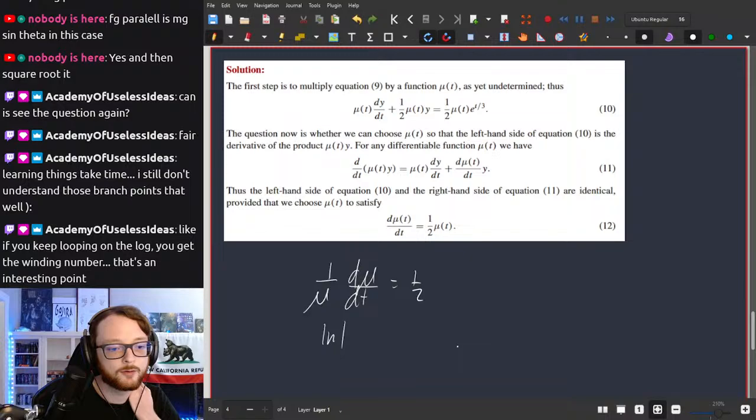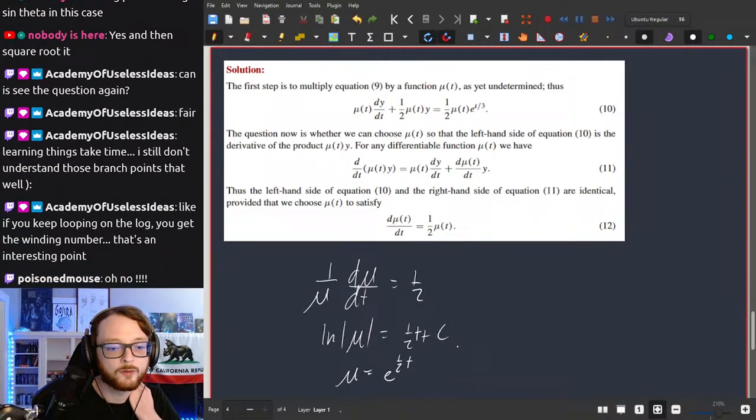Integrate each side. So mu of t is e to the 1/2 t plus c.